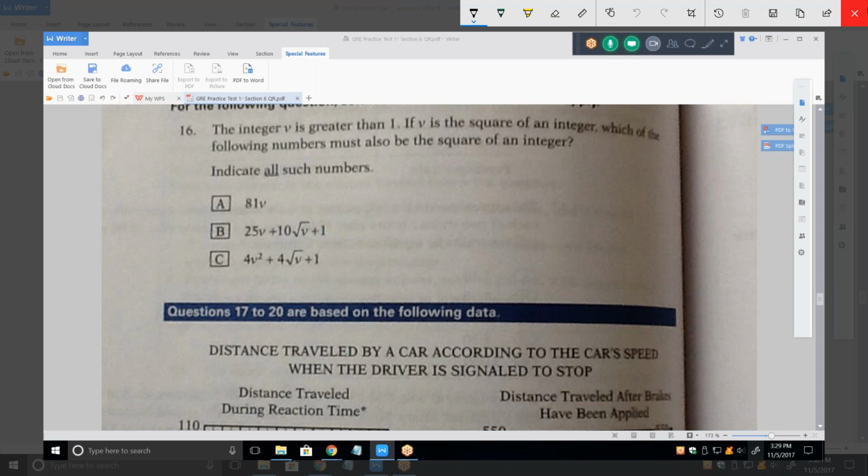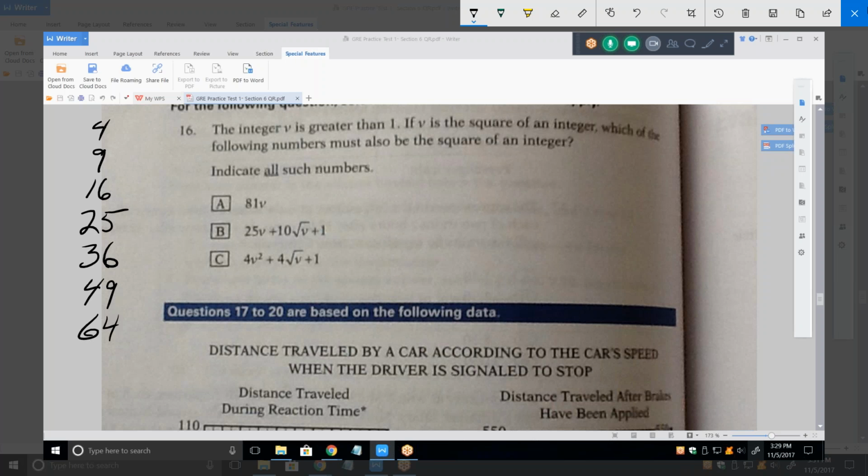But in this particular case, they tell us that v is the square of an integer, and v is greater than 1. Well, here's your list of perfect square numbers. So they're saying v is one of these numbers, up to infinity. You see why these are the perfect square numbers?